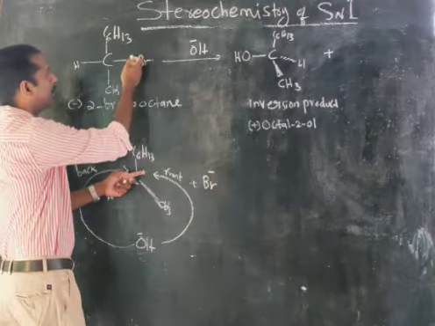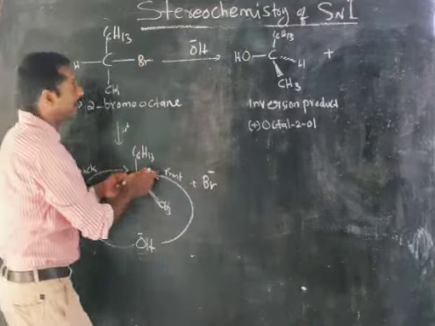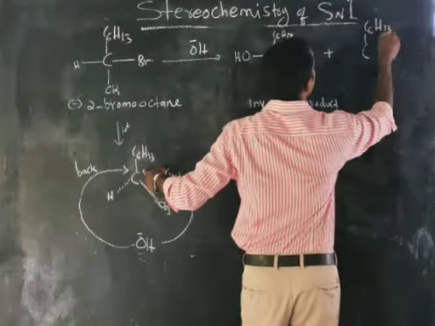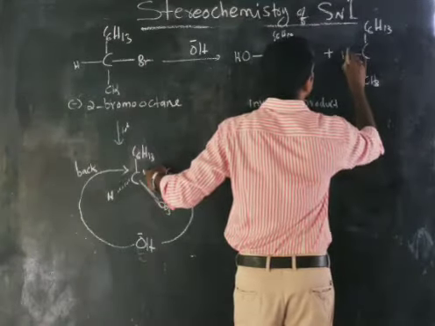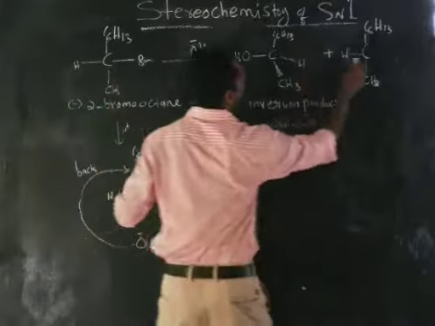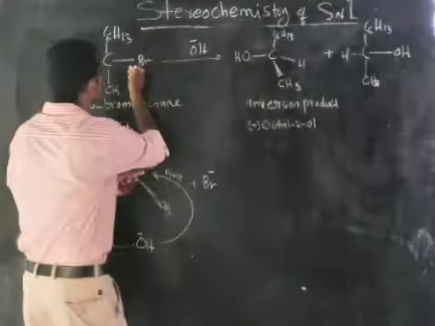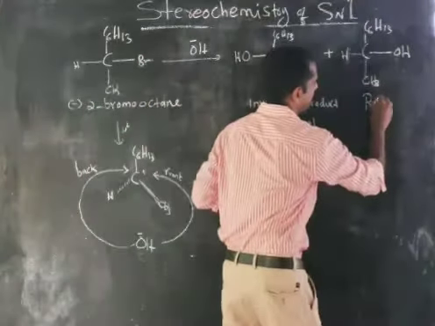In the place of the leaving group, the nucleophile comes. So you get C6H13, here it is H, and here it is CH3, and in the place of Br, you get OH. There is no change in the configuration, and this is what is called a retention product.